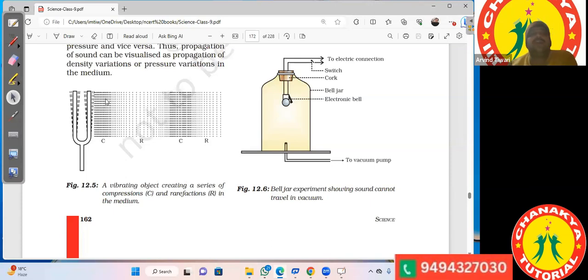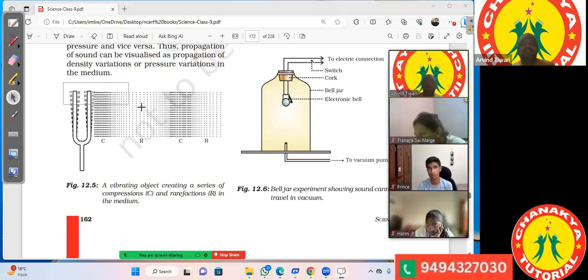When the air molecules get compressed here, they try to expand again. When they expand, they compress the regions nearby. So in this way, the sound wave travels in the form of compressions and rarefactions.